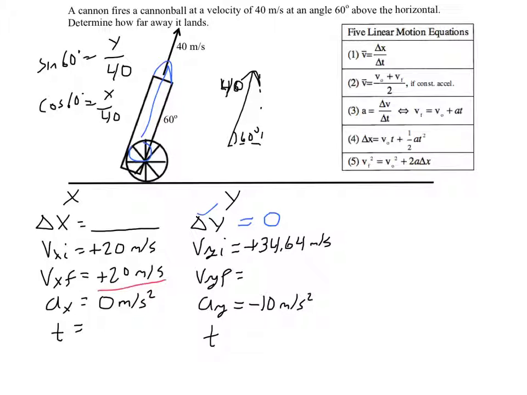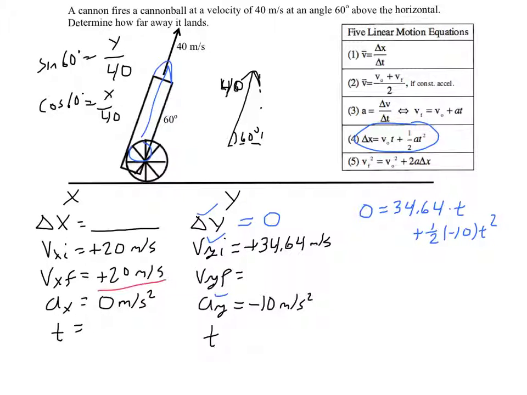It's not changing its height. So we have delta y, vi, and a, and we're looking for t. So once again, we're looking at equation 4. We know delta x, we're calling it delta y in this situation because we're analyzing y. So that is 0 equals v naught, or v beginning, is 34.64 times t plus 1/2 a, negative 10 t squared.